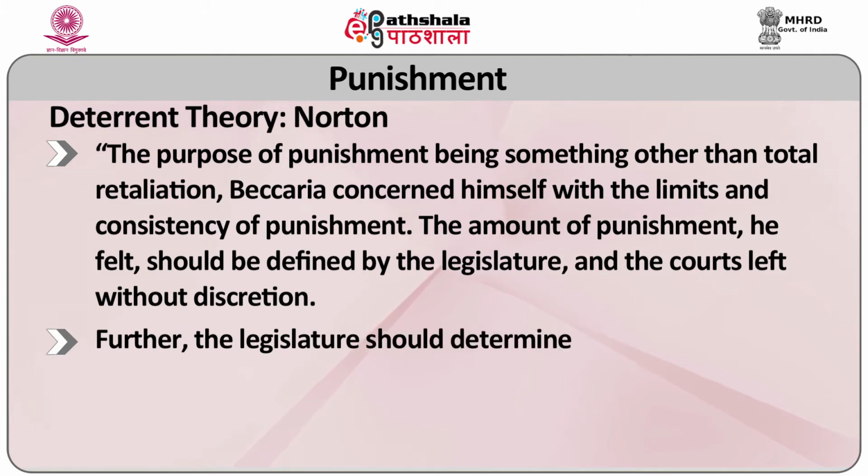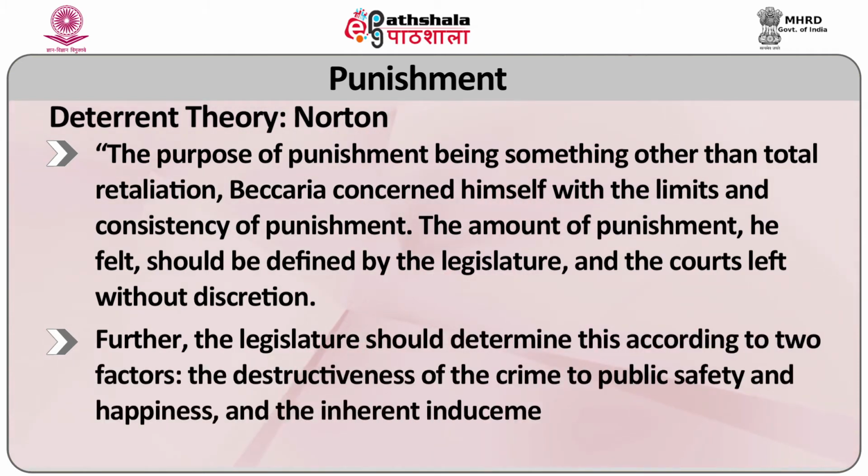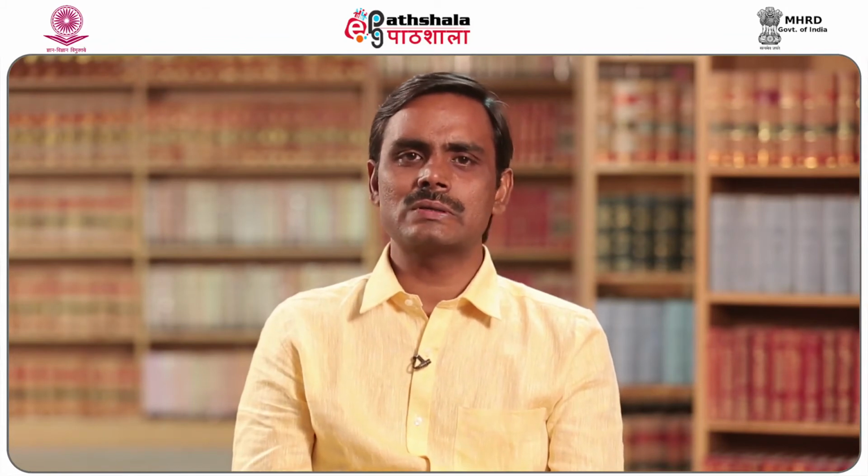Further, the legislature should determine this according to two factors. First, the destructiveness of the crime to public safety and happiness and the inherent inducements present in the crime, unquote. Now, be that as it may, the deterrent theory has been criticized for many reasons. One of the prominent ones can be described in these words.